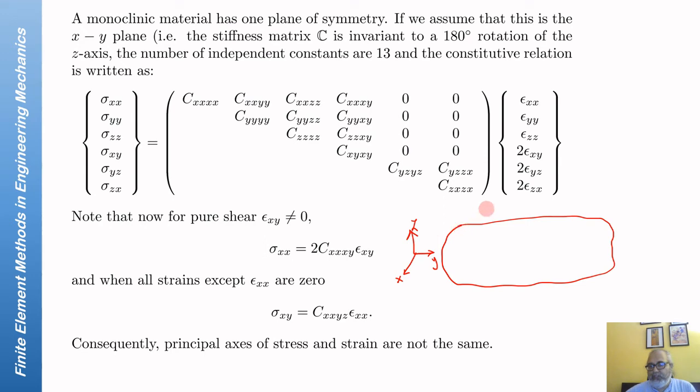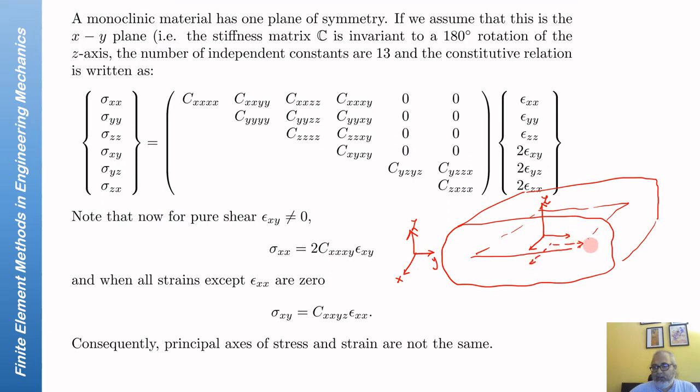For this 3D block of material, the XY planes are planes of symmetry, which means that if I orient the XYZ axes in this manner with Z pointing upwards, and if I orient them in this manner with Z pointing downwards and the directions of X and Y unchanged, the material doesn't know.